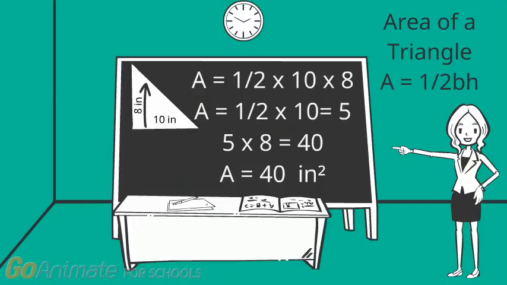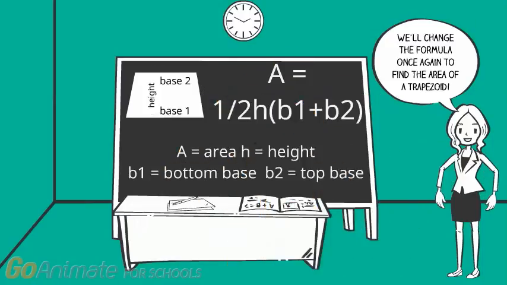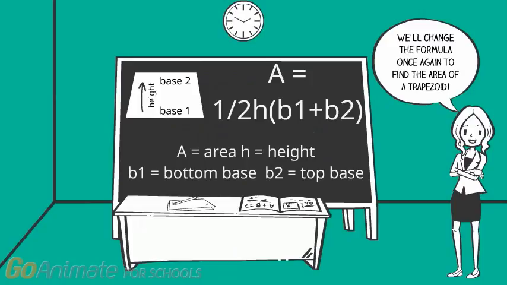Since the formula for the area of a triangle is A equals 1/2 BH, we will find our area by multiplying 1/2 by our base of 10. Then we will multiply that answer, which is 5, times the height of 8, and our area is 40 inches squared.